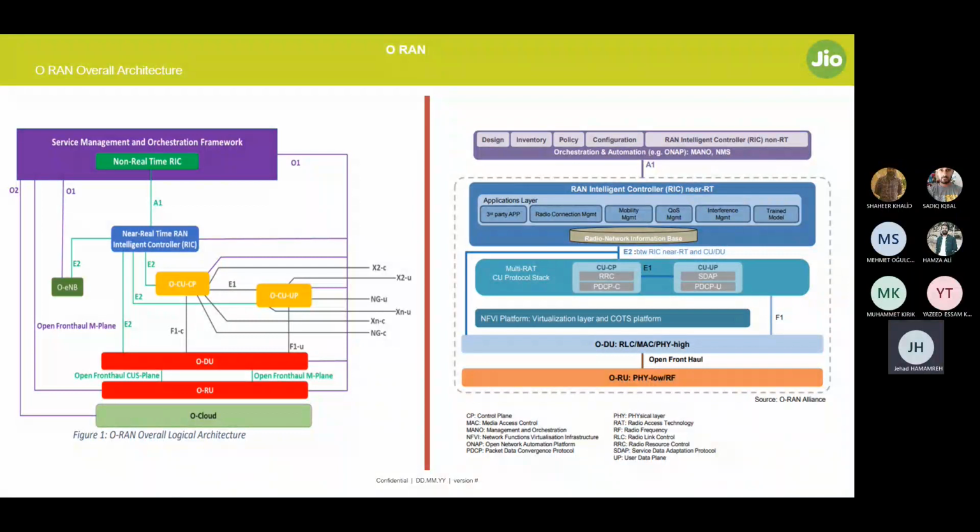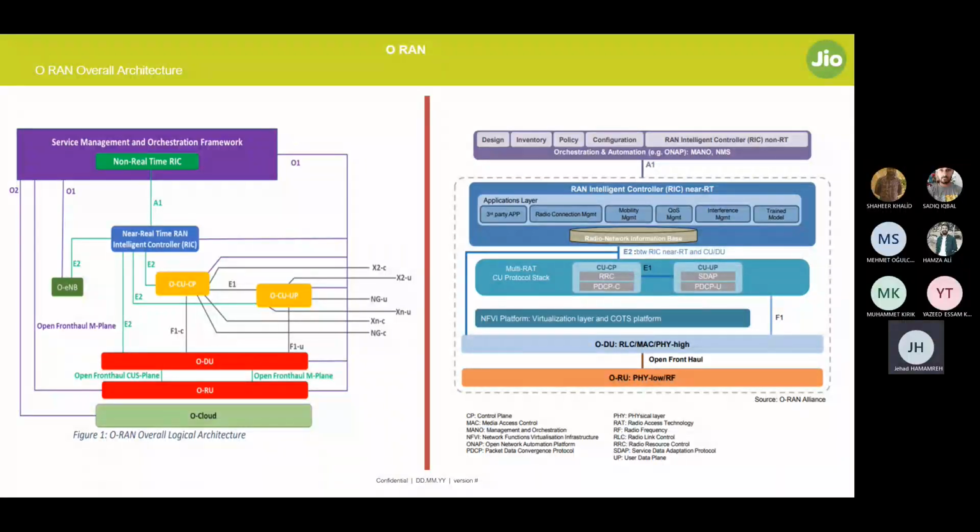The low is integrated with the Open Radio Unit and the high is integrated with the Open Distributed Unit. The reason for this split is to reduce complexity and lower the cost of the Open Radio Unit and drive innovation to happen in the software.